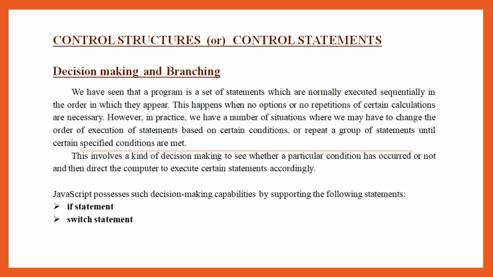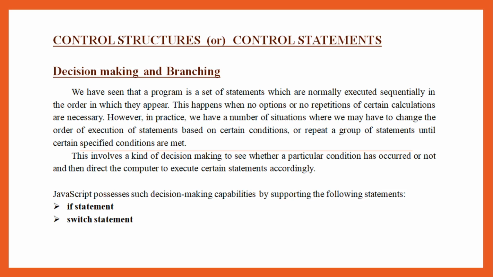Decision making and branching. As we all know, a program is a set of statements which are executed sequentially in the order in which they appear. Now in decision making, we can select a block of statements and make the control skip or continue with a particular control flow.